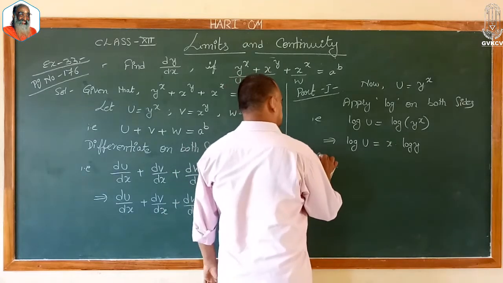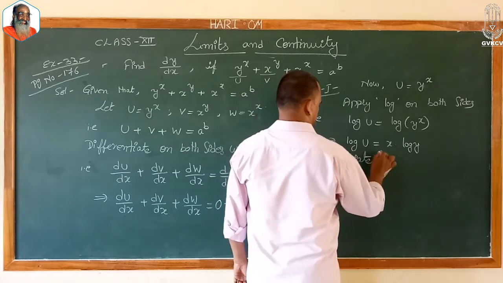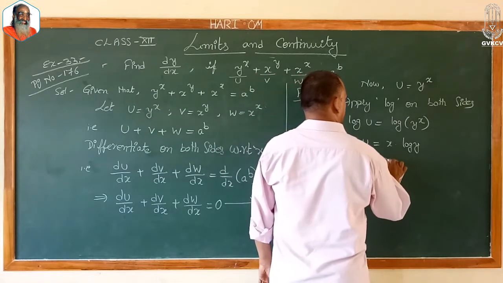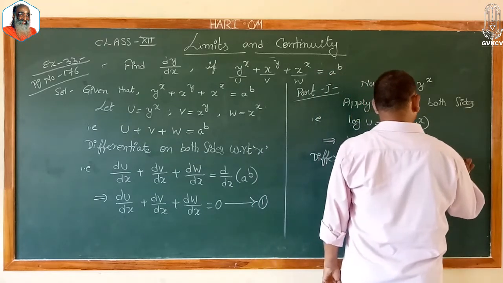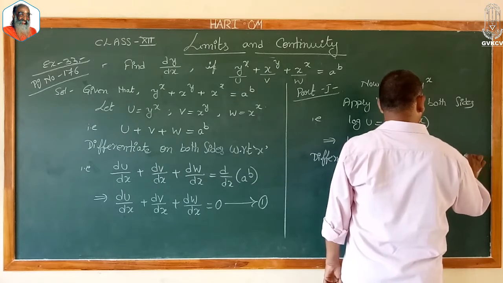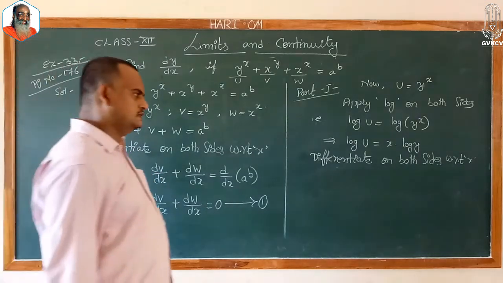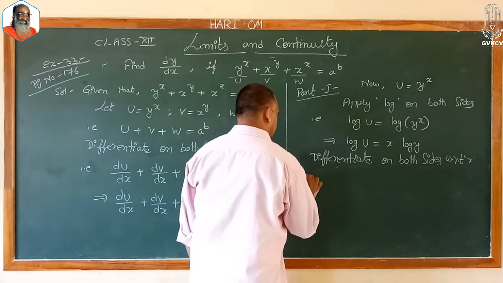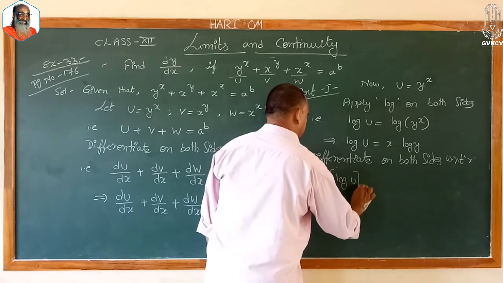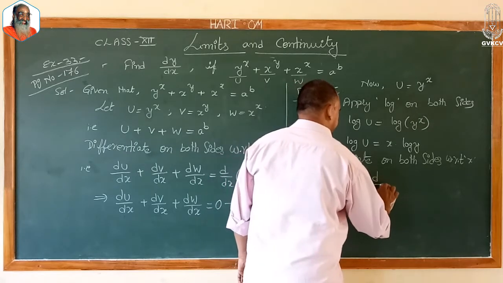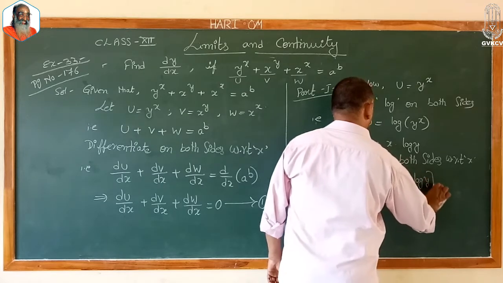Now we go for differentiation. Differentiate on both sides with respect to x. When we differentiate on both sides, what do we have? d/dx of log u = d/dx of x log y.